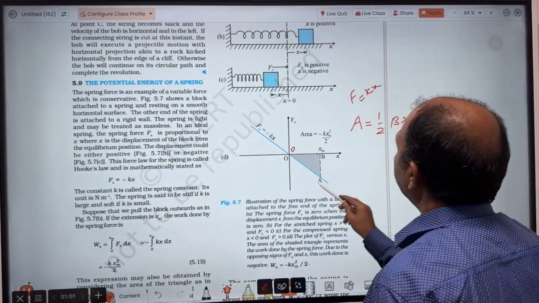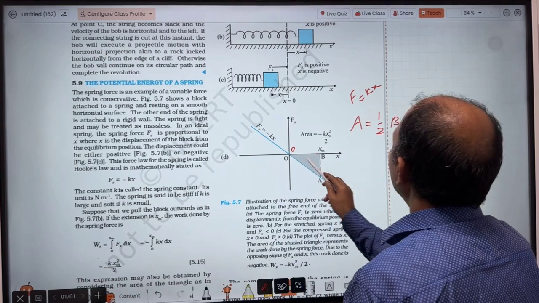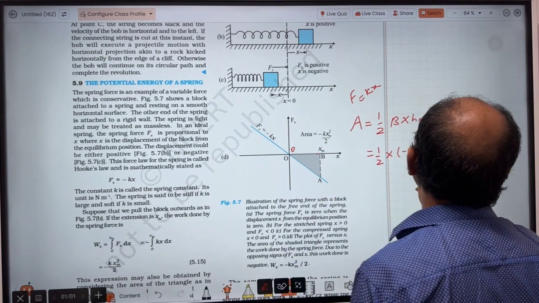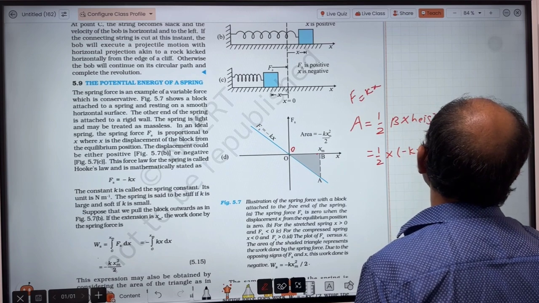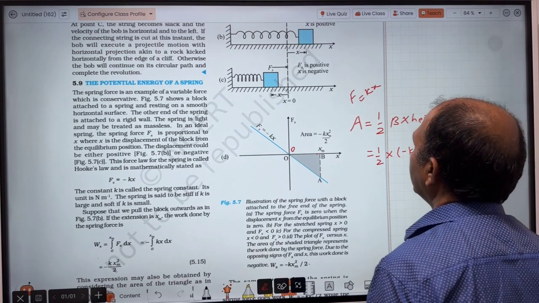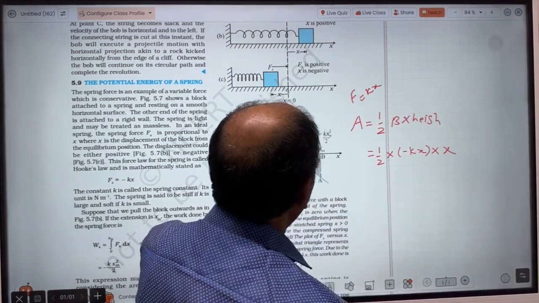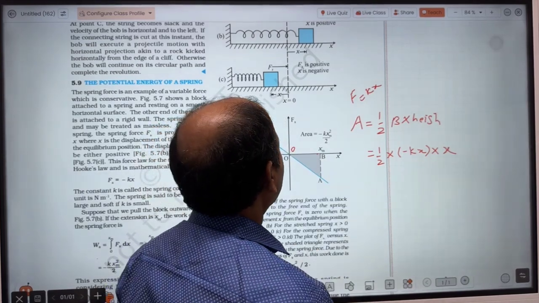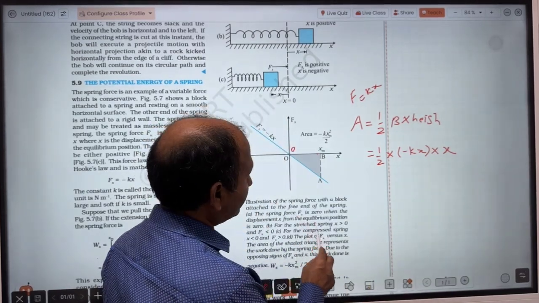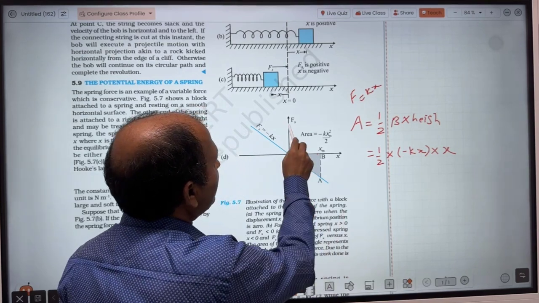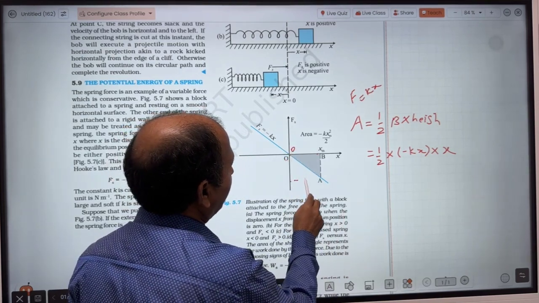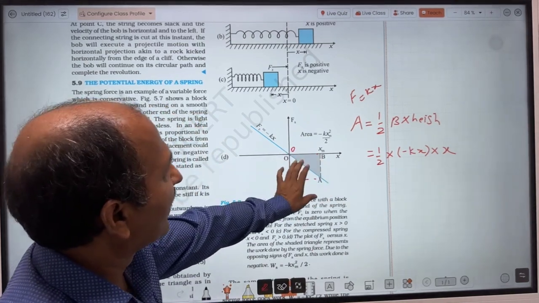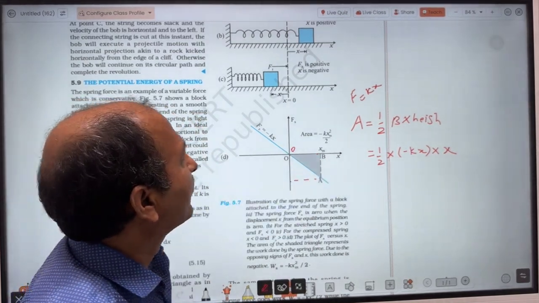The corresponding value of force we can write, and base x, so 1 by 2, and this is minus kx times x. We are taking this force as kx, times x. Because this axis is the force axis, corresponding to this value you can take the force, so you can write it as kx normally, and then you will get the same thing.